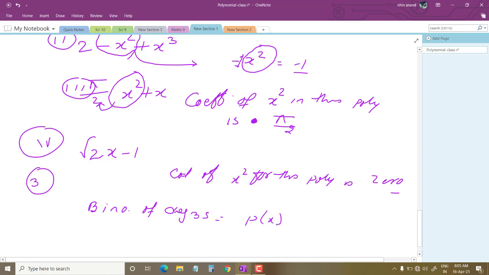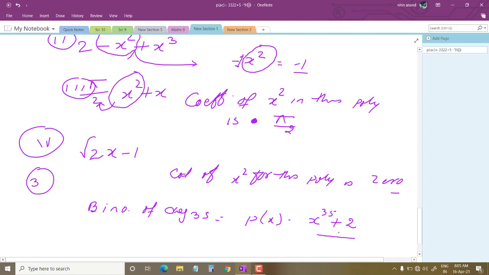We will write x to the power 35 because we have to take degree 35, plus one more term, which can be any real number. This is an example of a binomial of degree 35.